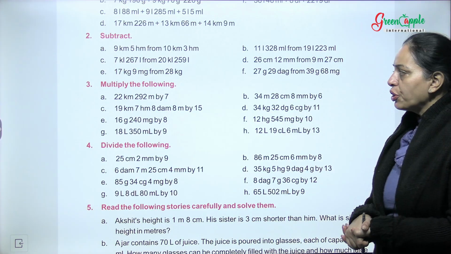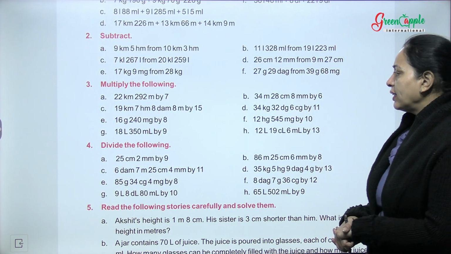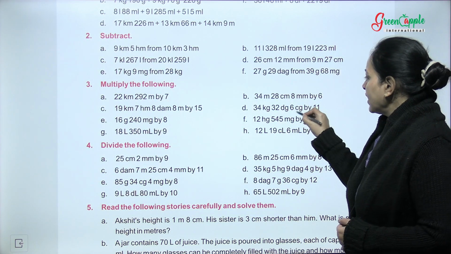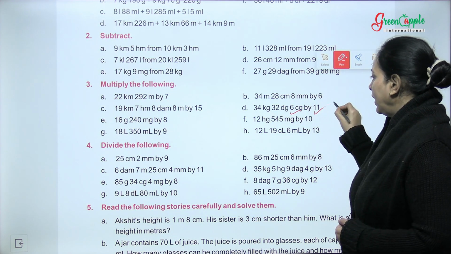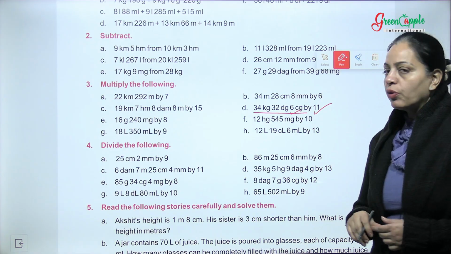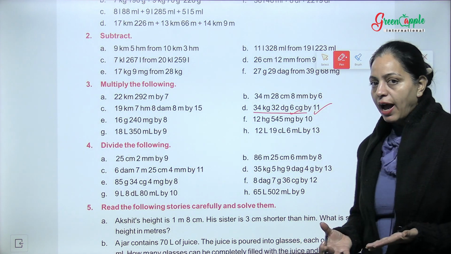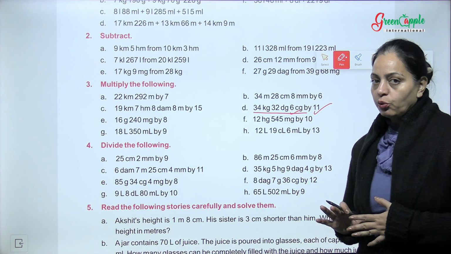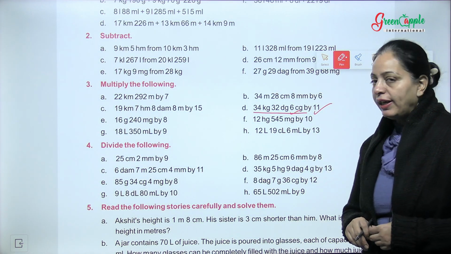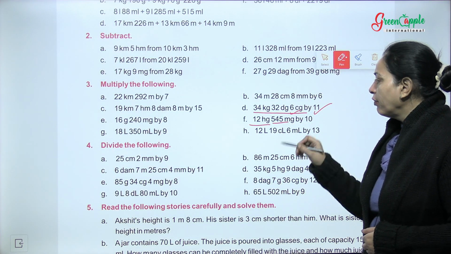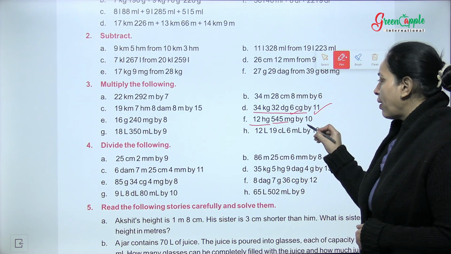Now see third question, multiply the following, like D part, 34 kg 32 decigram and 6 centigram by 11. So first convert into kg or convert into gram, make a single unit and then multiply by 11. Okay, see here like 12 hectogram and 545 milligram by 10.